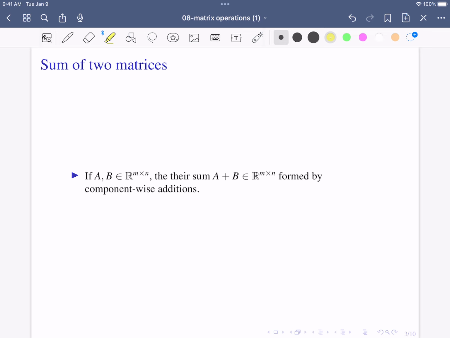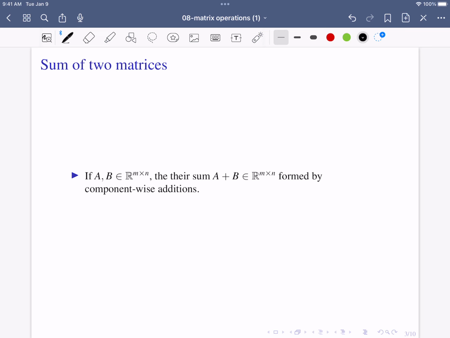Addition. If you are given two matrices, A and B, they are both m by n matrices. Then there's A plus B. It has the same shape m by n, which is formed by component-wise additions. So there are two key points you want to know.